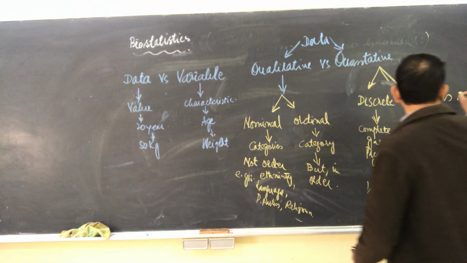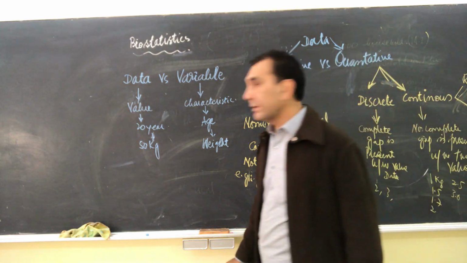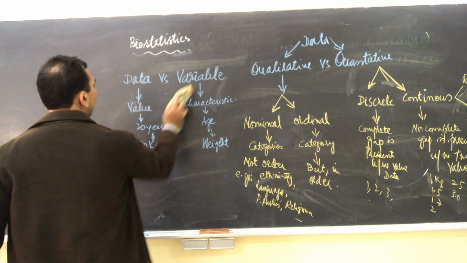Okay, the continuous variable is further divided into two types. One is called the ratio, and the second is called the interval. Let's complete it.